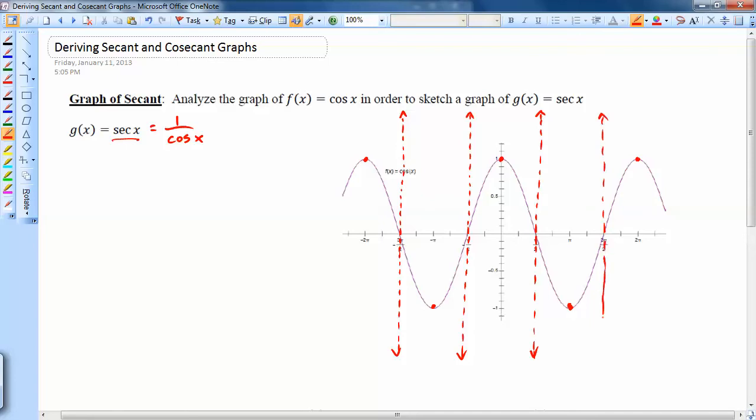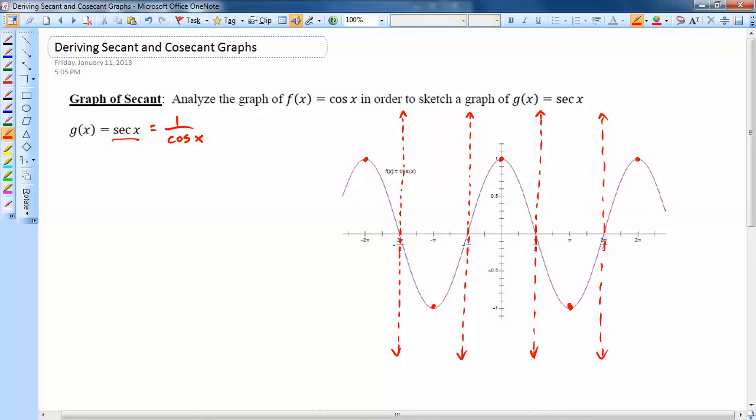Okay, so now we've got this. Next, let's look at the peaks. The peaks are all at 1. The y value is 1. The cosine value is 1 there.